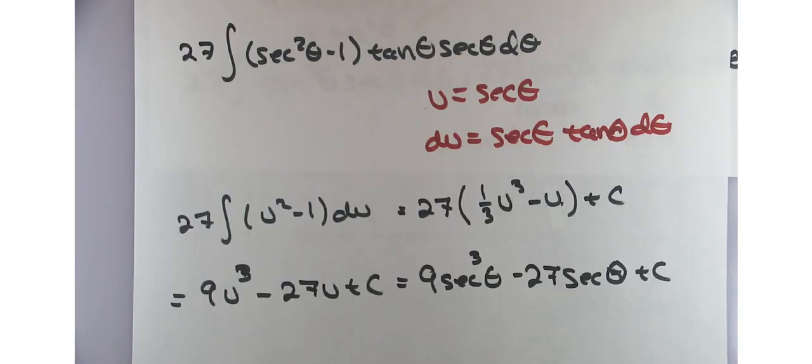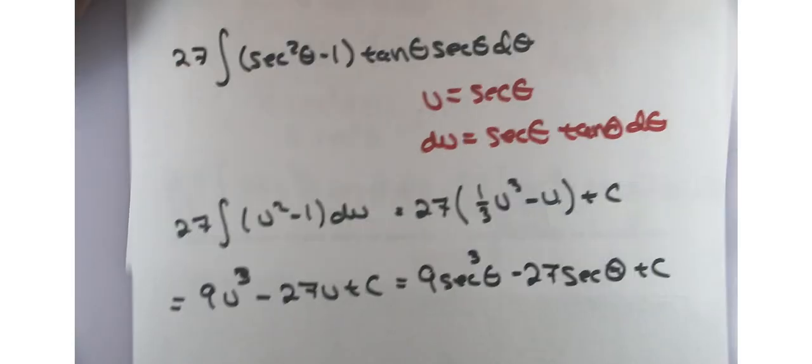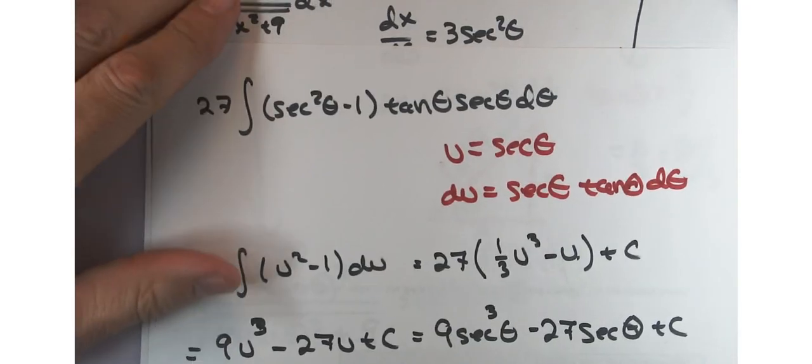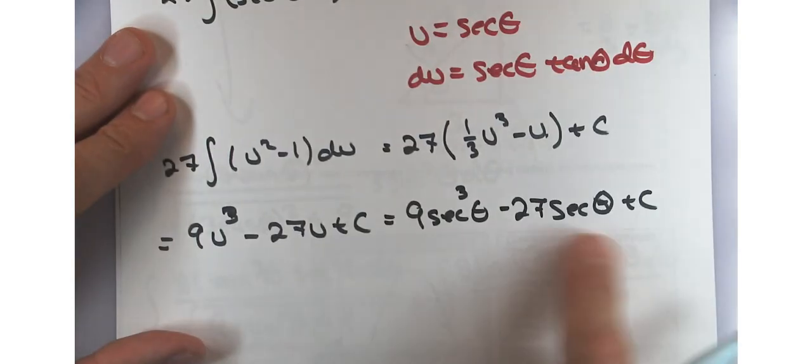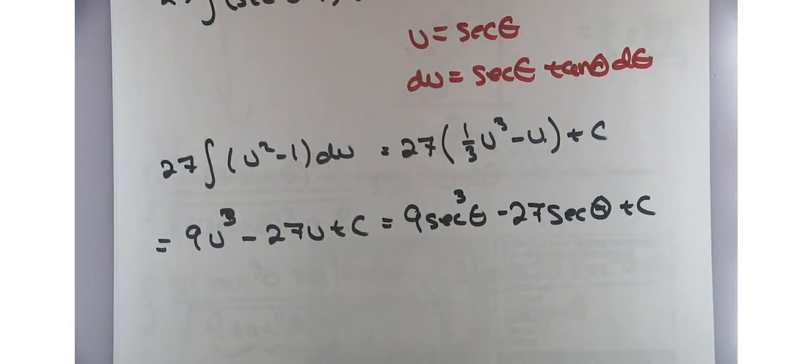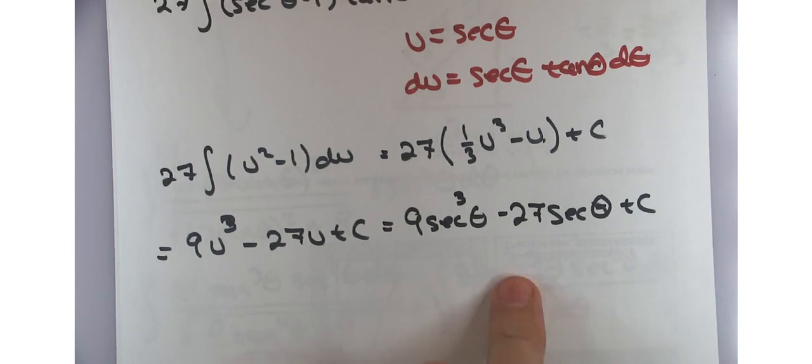But remember, and this goes back like 10 minutes now, remember way back at the original problem? We're trying to find an antiderivative in terms of x. That's not looking like x's right now. I can't differentiate that and get what I started with. So if you're like, wait a minute, that doesn't look right, good on you, because it's not right yet.